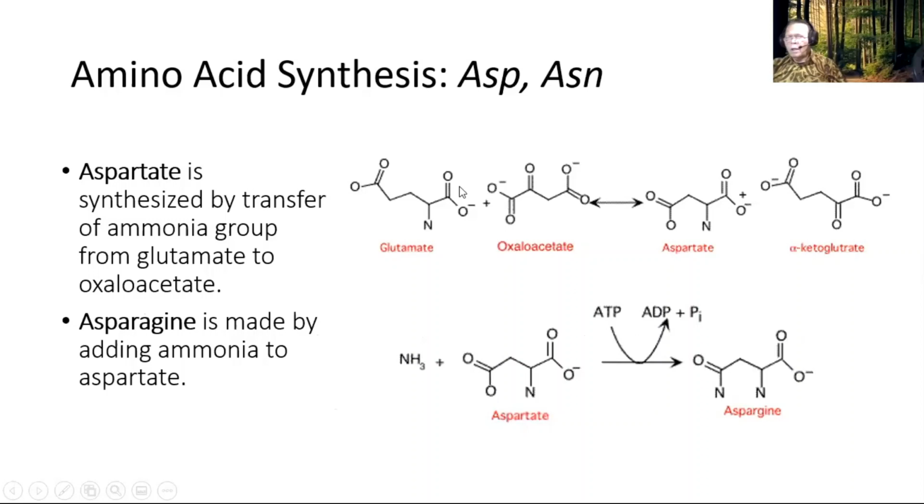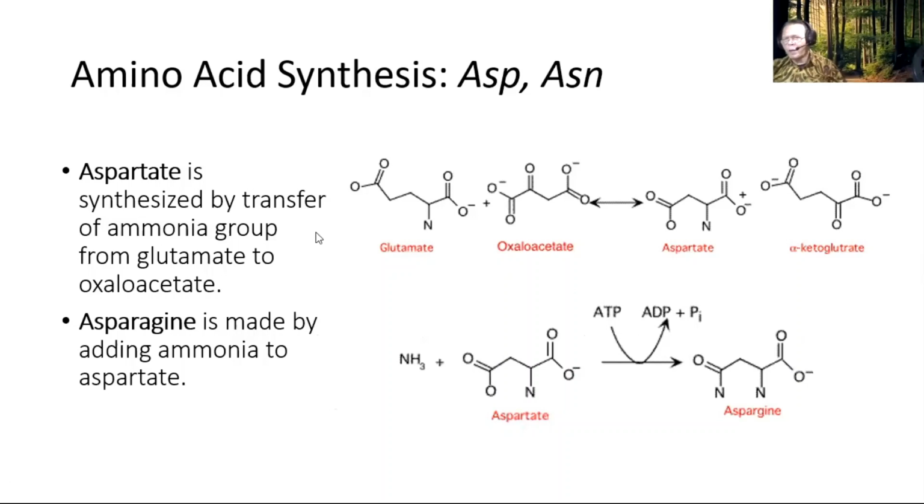Then how about aspartate and asparagine? Aspartate is synthesized by transfer of the amino group from glutamate to oxaloacetate. Asparagine is made by adding ammonia to aspartate.